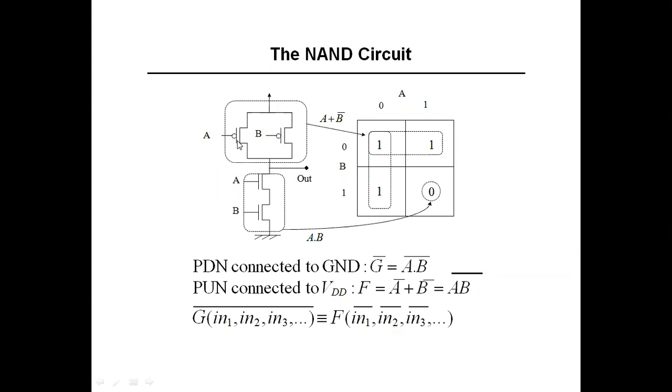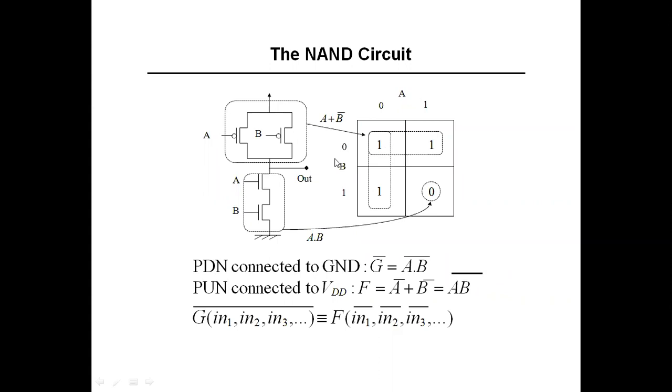So both PMOS are in conduction. Now coming to the pull down network. A is 0, that means this upper NMOS is off. This B NMOS is also off. That means VDD will pass towards the output, and that is the 1.